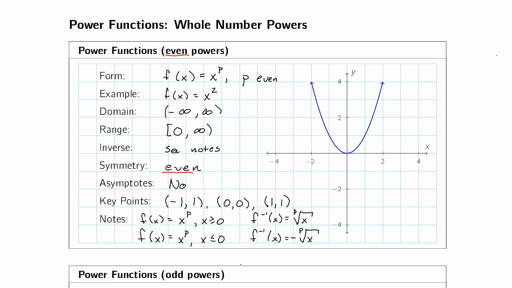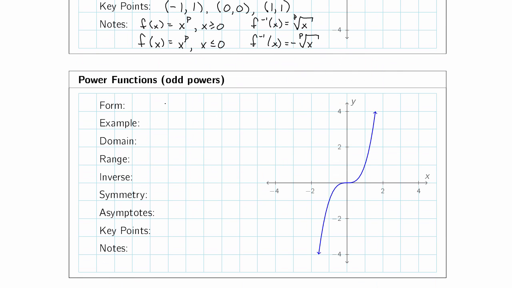The odd power functions are fairly similar, but the oddness of the exponent changes the properties slightly. The basic form is still f of x is x to the p, but now, of course, the power is odd. Our example function here is f of x equals x to the third.